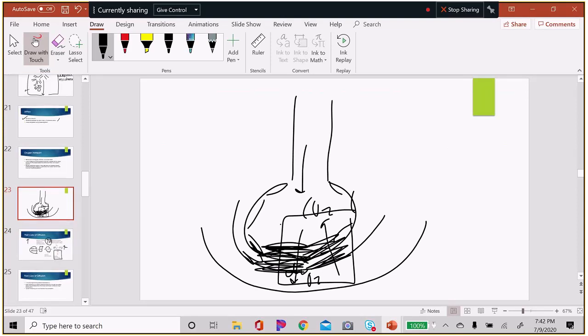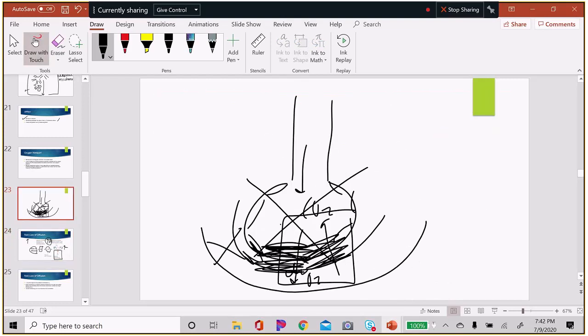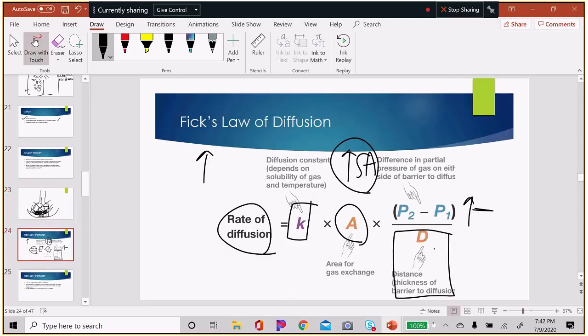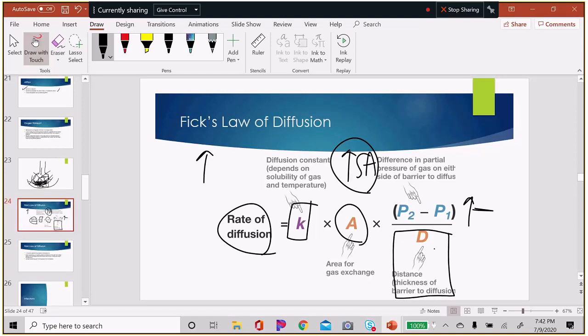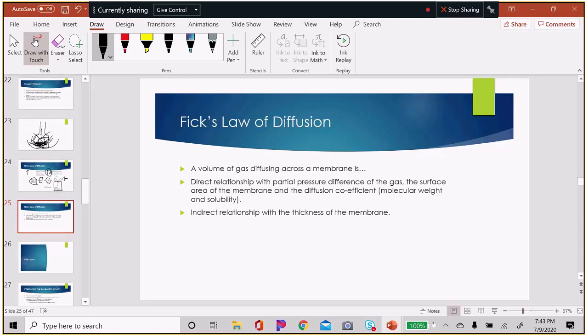So surface area is a big thing, and the surface area could be reduced if we've taken out the alveoli for some reason, or we've taken out the vessel, or anything that causes inflammation or a change in the thickness of the membrane here. So that's a lot of infections, pulmonary embolus. Those are all reasons why we might decrease diffusion and again lead to hypoxia.